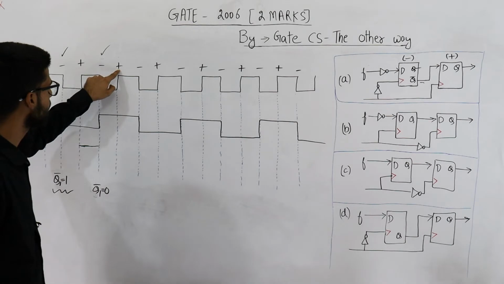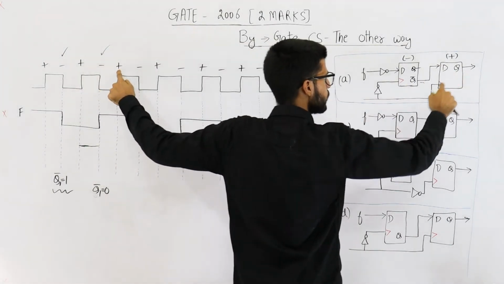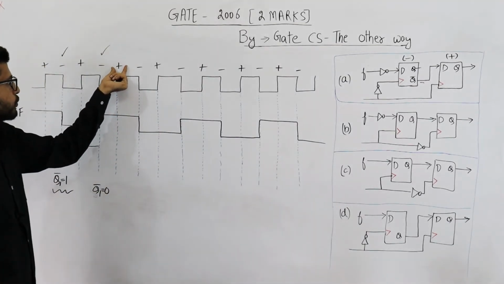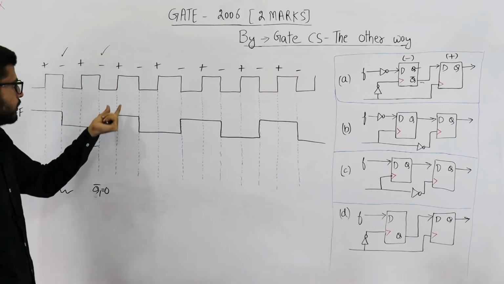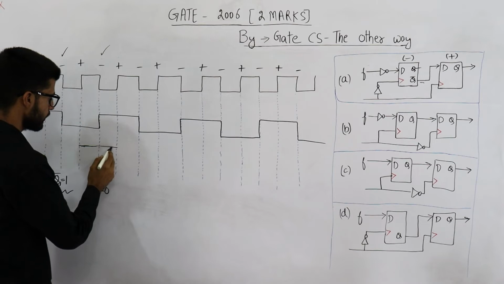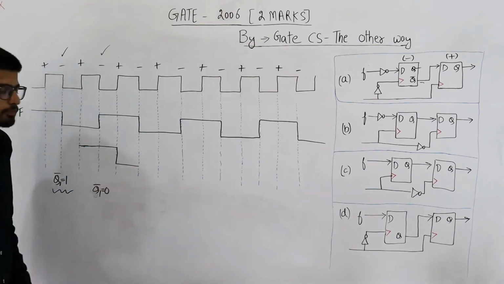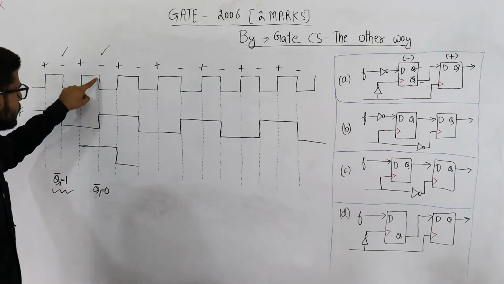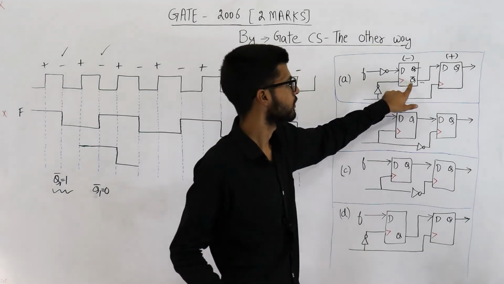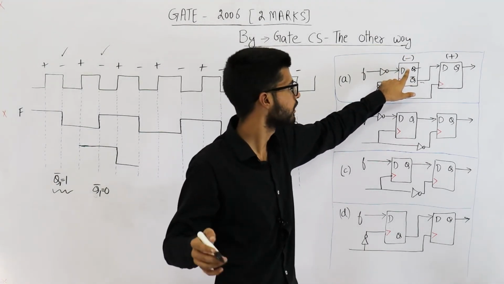Now, upon negative edge, this 0 will be given as the output. Okay. That means at this point, on a positive edge, the output will be 0. Okay. Until this point, it remains 1 only. Now it becomes 0. See, during negative edge, only Q1's value can change. This is Q1. Only this value can change because this is a negative triggered flip-flop.